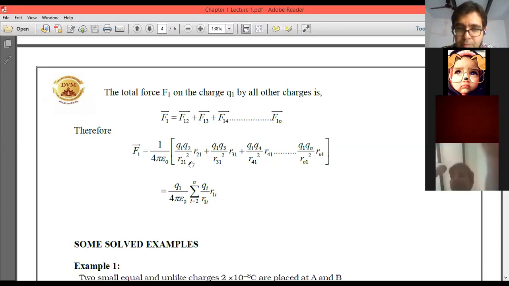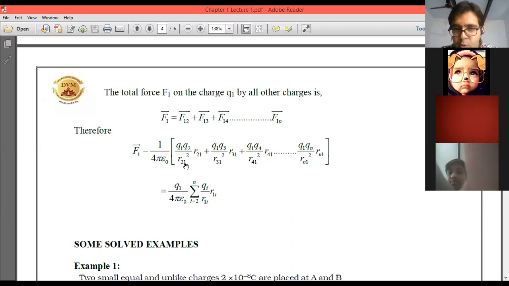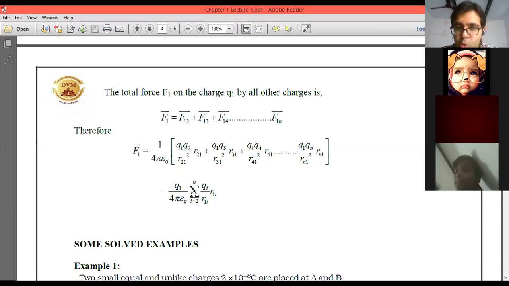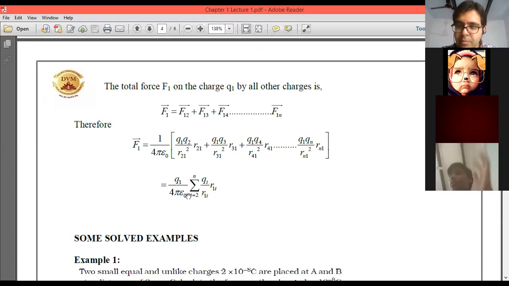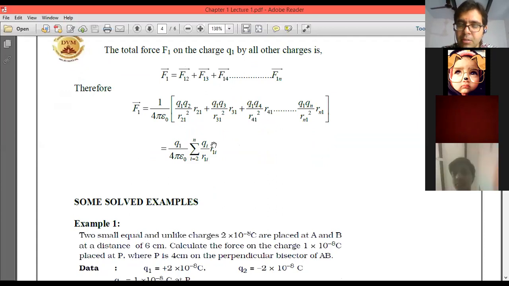Q2, Q3, Q4, up to Qn are changing, so I can write it as Qi. Also in R21, R31, R41, only the 2, 3, 4 are changing, so I can put it as i, and this i varies from 2 to n. That's why it can be written in the form of a summation.